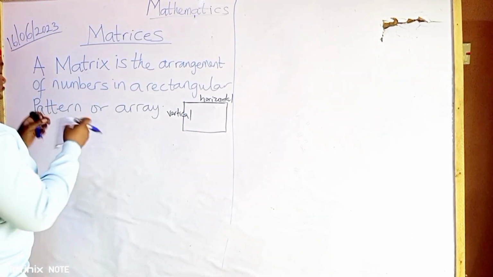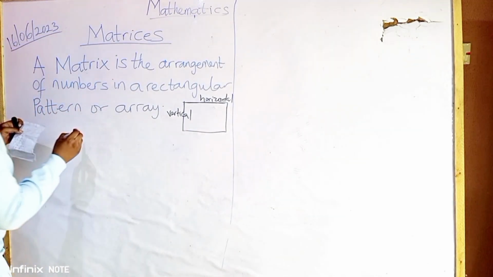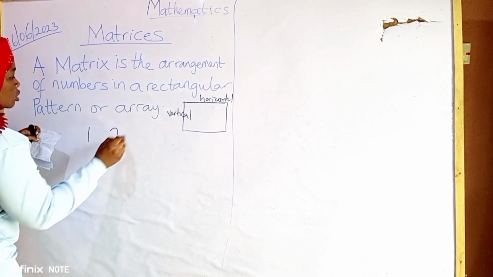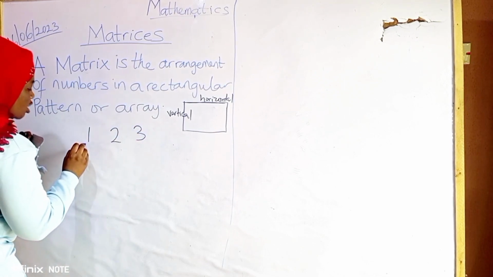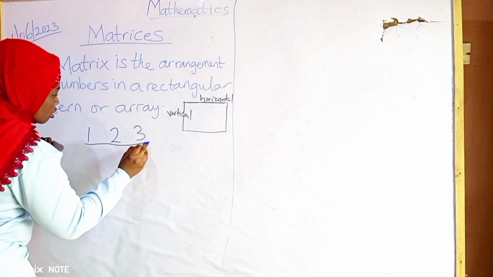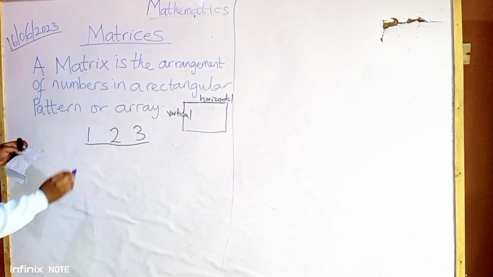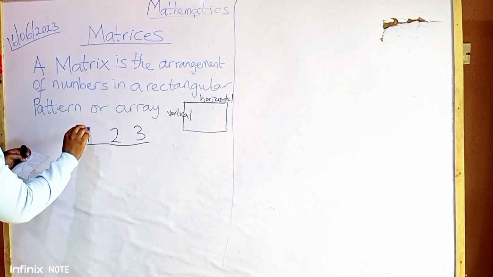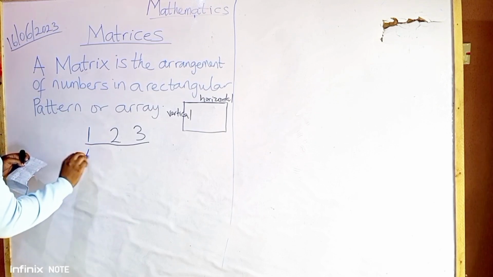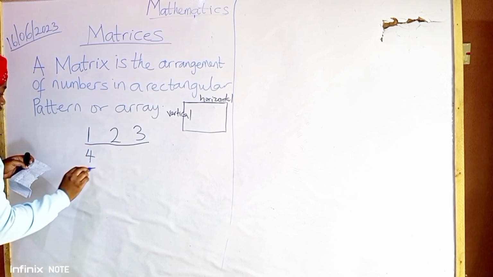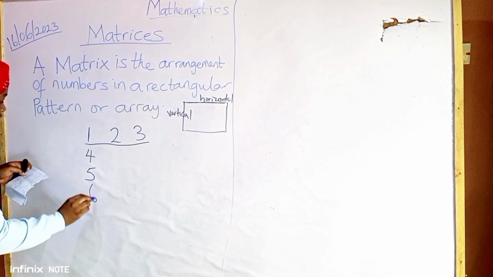So let's look at these numbers. If I have 1, 2, 3, you can see that all these numbers lie on a horizontal line. If I want to arrange vertically now, the vertical will start from 1. Let's say I have 4, 5, 6.